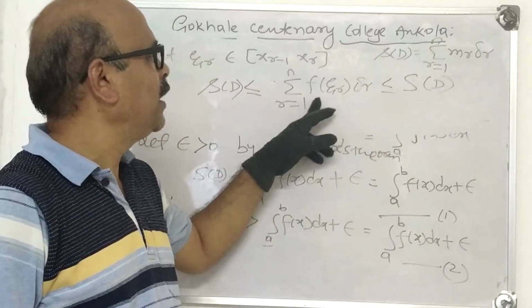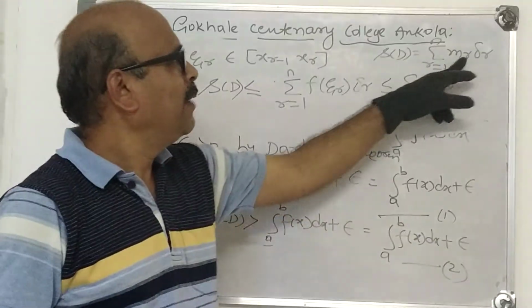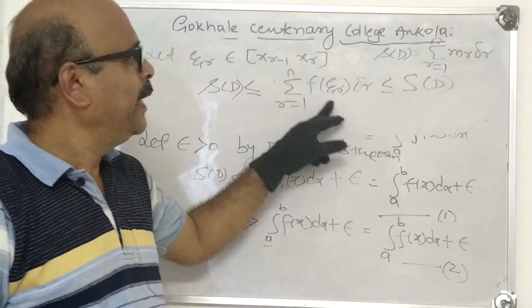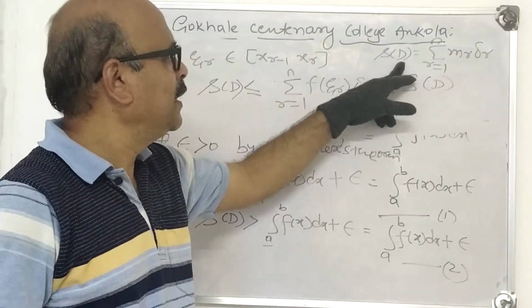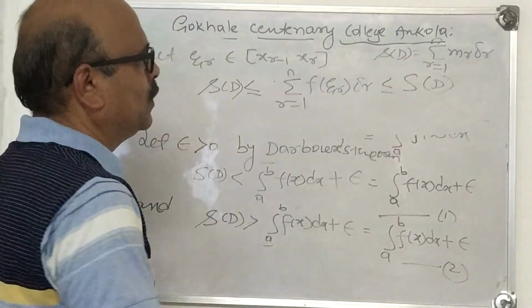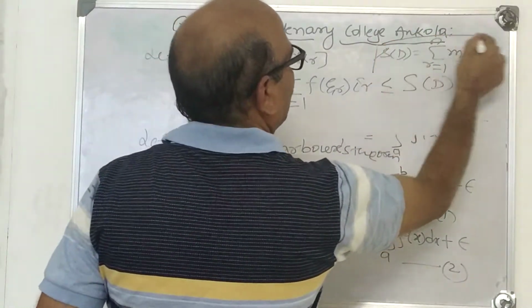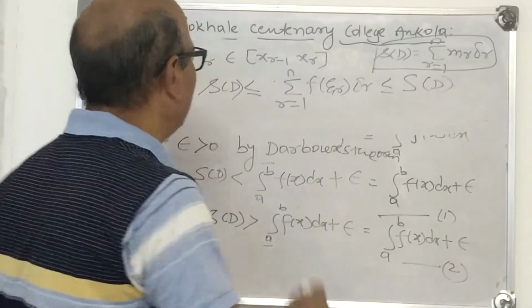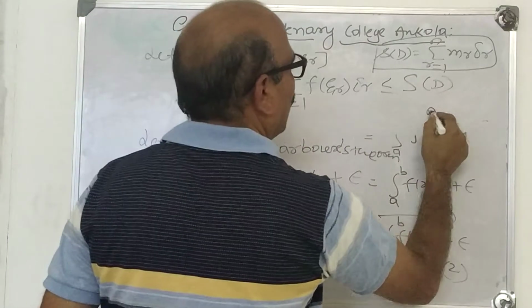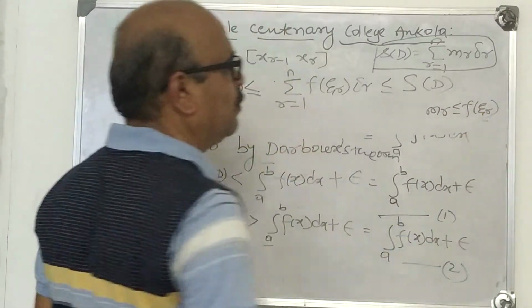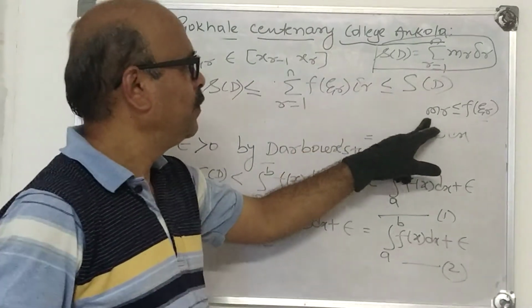Therefore, for any given f(xi_r), m_r is less than or equal to f(xi_r), and capital M_r is greater than or equal to f(xi_r). Using this definition, small s is the sum of m_r delta_r, and m_r is less than or equal to f(xi_r) because it is the lower bound.